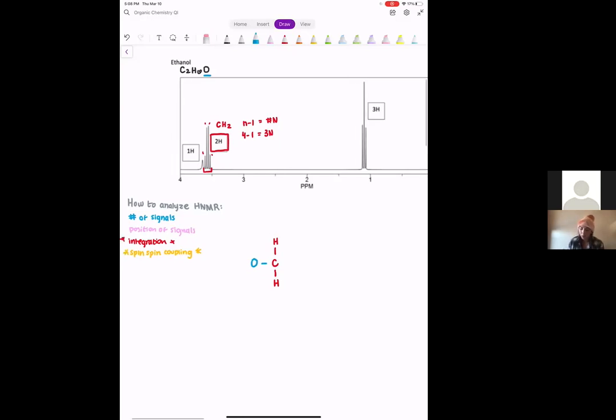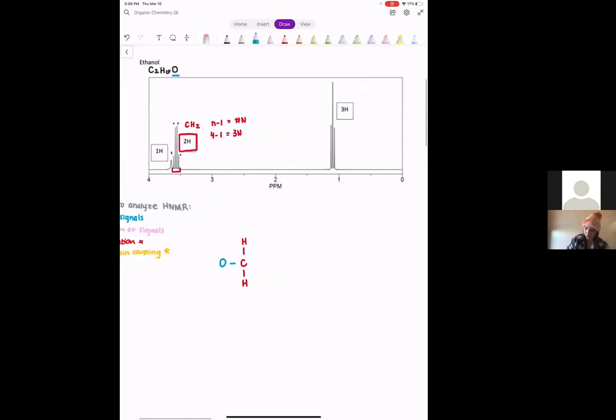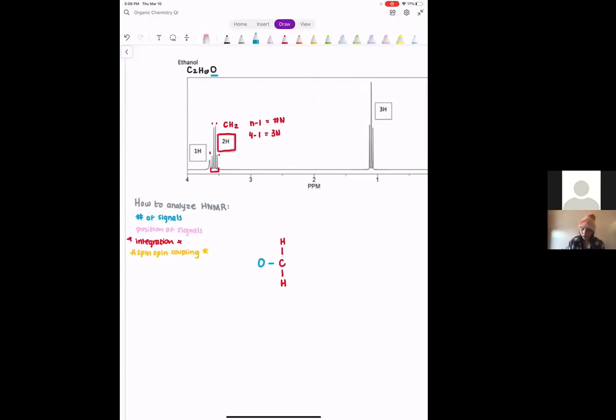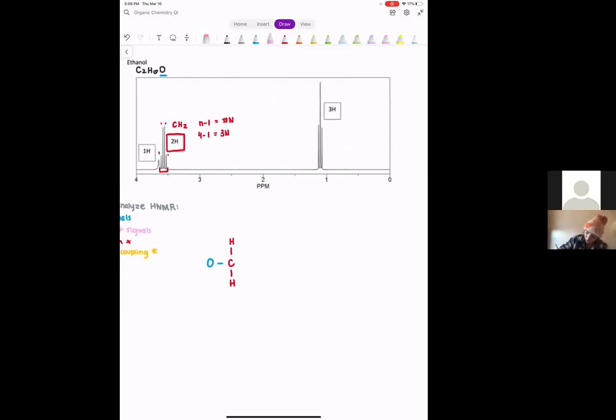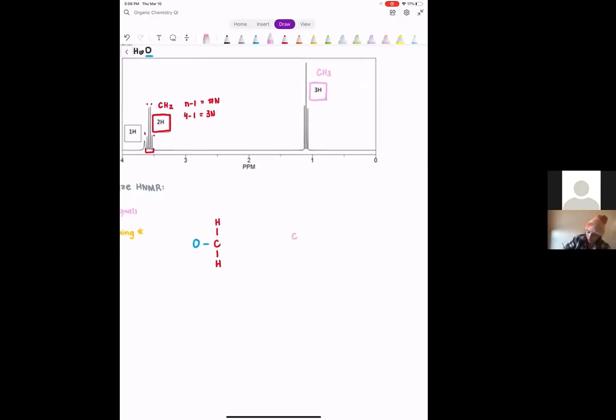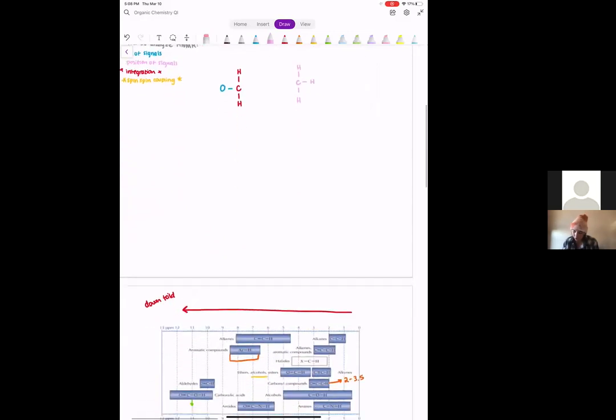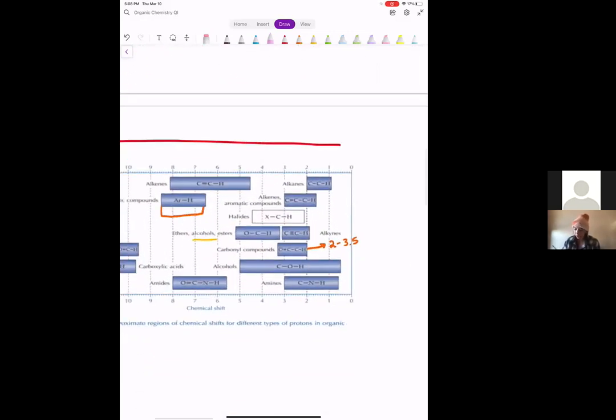Now we can move on to our next one and do the exact same thing. First, let's look at this integration. 3 equivalent protons is most likely going to be CH3. So somewhere in our molecule, there is going to be a CH3. Because this signal is just around 1 to 2, this is kind of the alkanes.